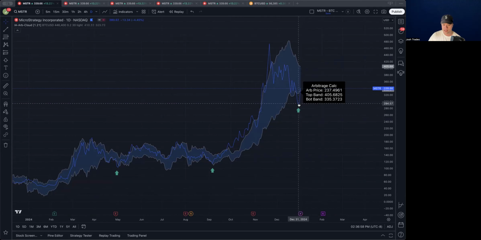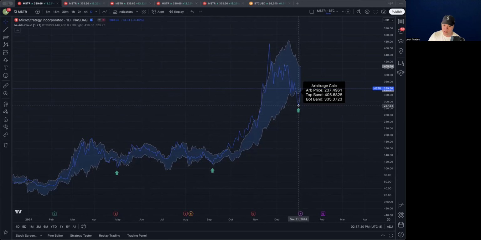So as you can see here on December 31st, earlier this week, MicroStrategy had cut really below the bottom band of the ARB cloud. And this is an opportunity that we've only seen a few times in this bull run. We've seen it in September when MicroStrategy was $113, and in April when MicroStrategy was $100.